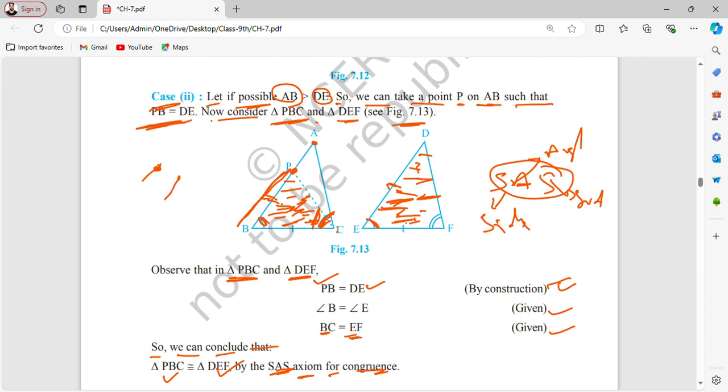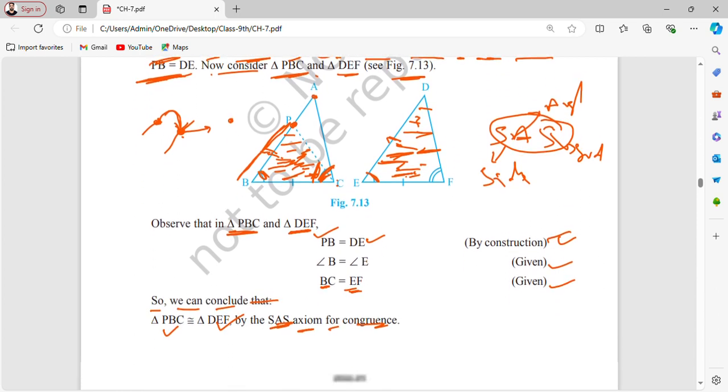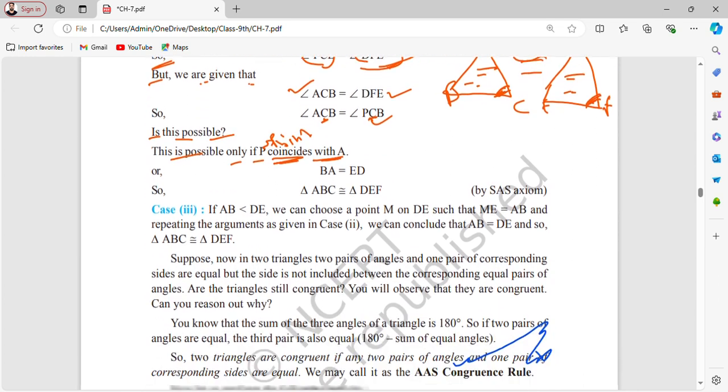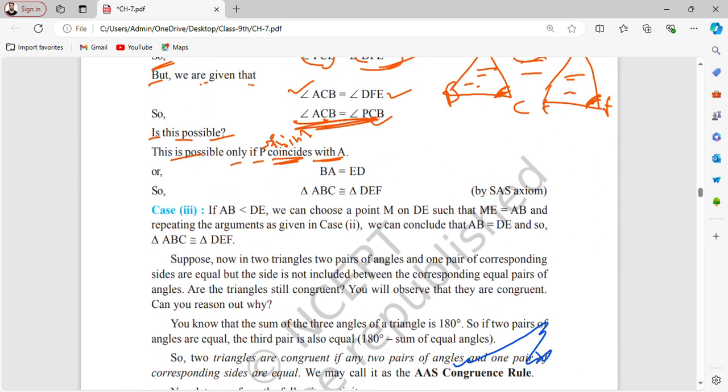This point overlaps this point and merges into a single point. So that is the procedure for coinciding. If both coincide, then this will be possible.